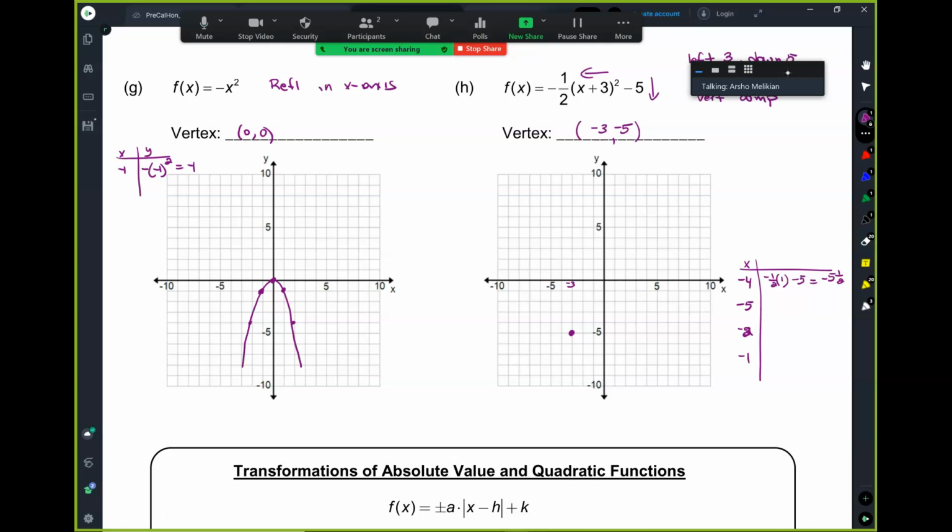Okay, so that's -5.5 right there. Okay, so what is it going to be at -2? -5.5 again, because it's symmetric. Okay? All right, what about if you plug in a -5? So now you have -0.5. -5 plus 3 is -2, squared, 4, -5, so that's -7.